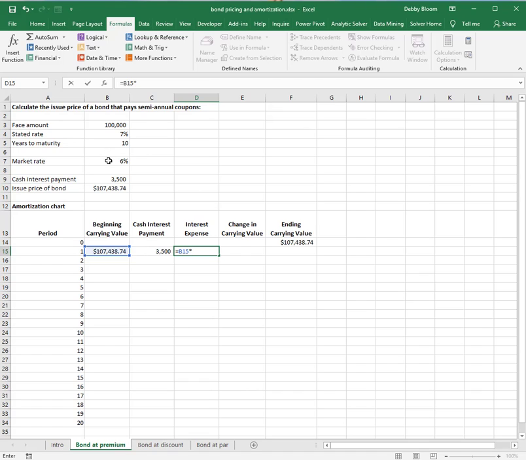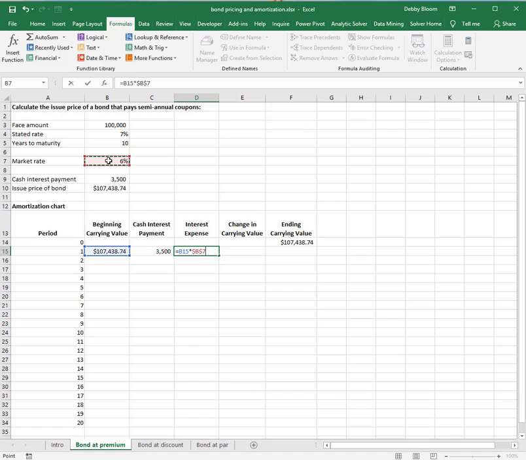multiply it by the market rate. So I'm going to click on cell B7, but that has to be an absolute cell reference because once again I want it to always point to cell B7 as I copy that formula down. So before I finish this formula, I'm going to hit my F4 key on the keyboard to turn B7 into an absolute cell reference.